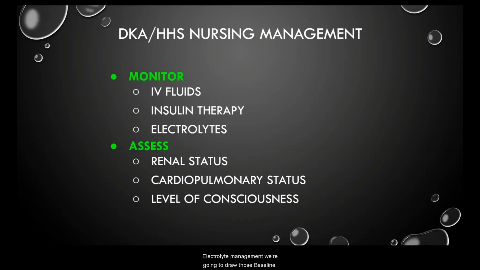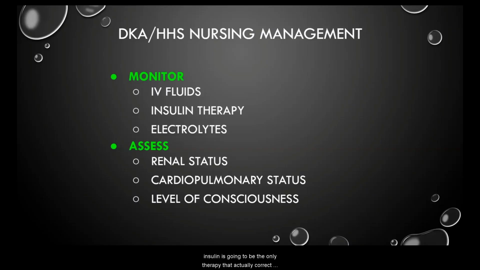Electrolyte management, we're going to draw those baseline electrolyte levels, making sure that their potassium is at an acceptable level so that we can initiate the insulin therapy. And then our first priority, once we've made sure electrolytes are okay and we've initiated that fluid resuscitation, is getting that insulin therapy started.